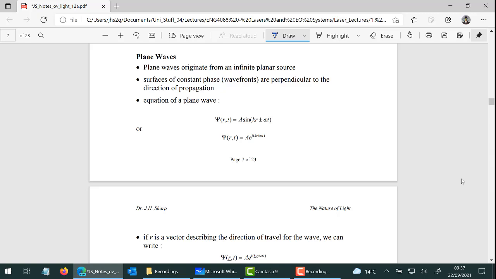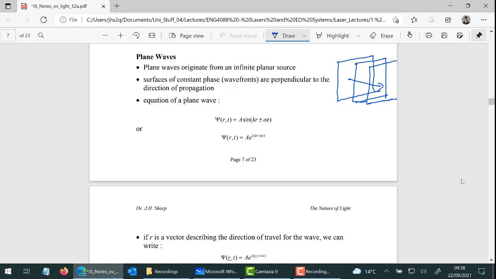So that's a 0-dimensional source, a 1-dimensional source, a line source, and now a 2-dimensional source. In other words, a plane source. A flat 2-dimensional plane, and it will give out flat 2-dimensional waves, and they will travel out in some direction, again some direction r.